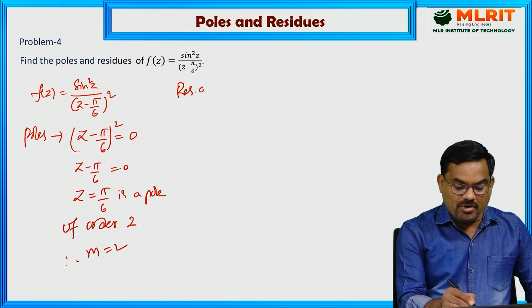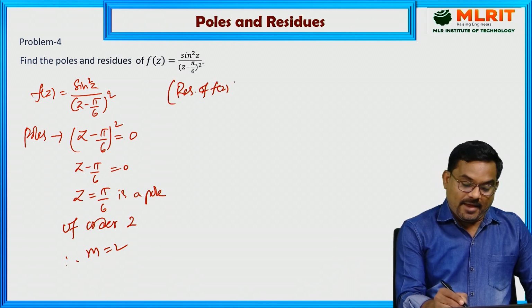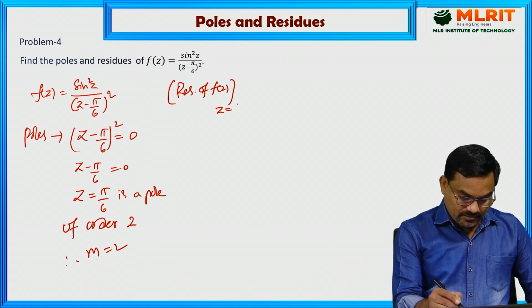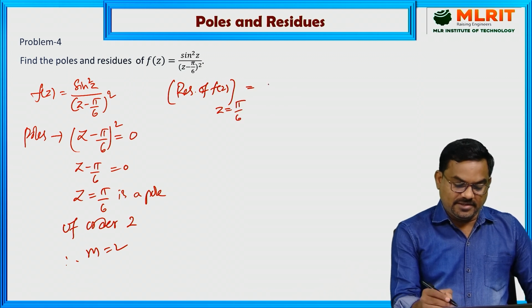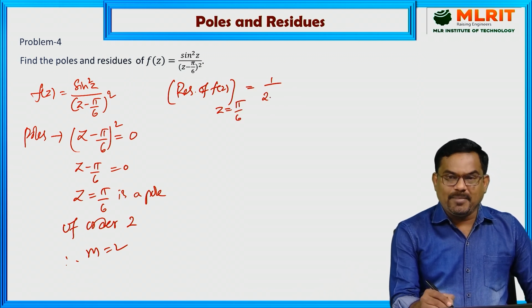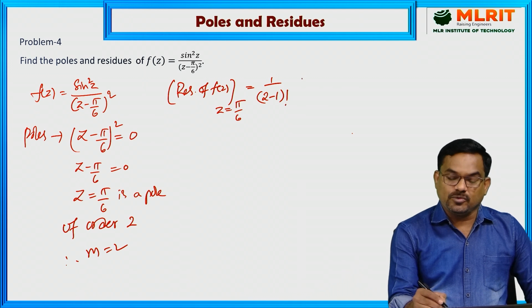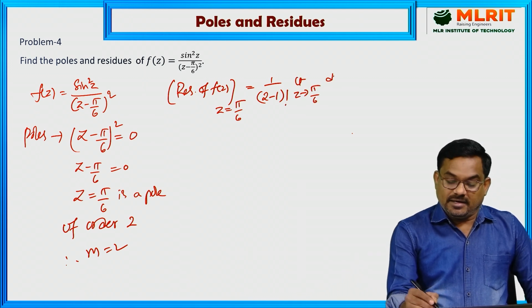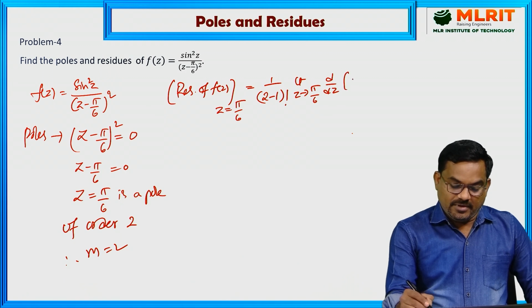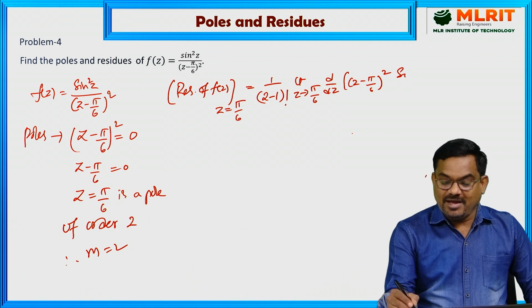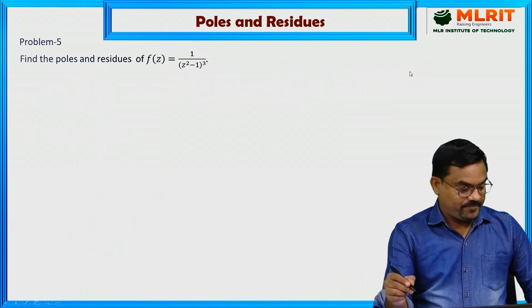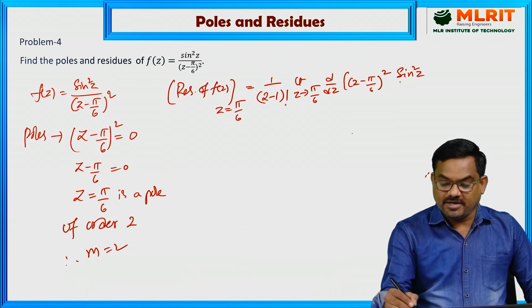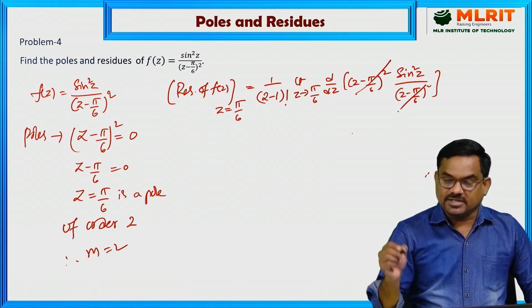Now the residue of f at this pole z equal to pi by 6 is given by 1 by m minus 1 factorial, 2 minus 1 factorial, limit z tends to pi by 6, d by dz of z minus pi by 6 whole square into f of z, sin square z by z minus pi by 6 whole square. So these two get cancelled.